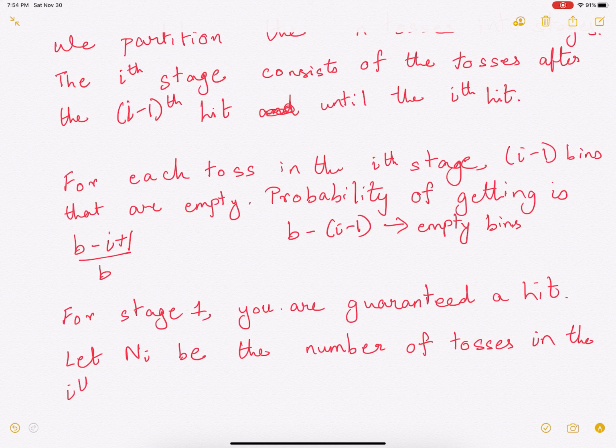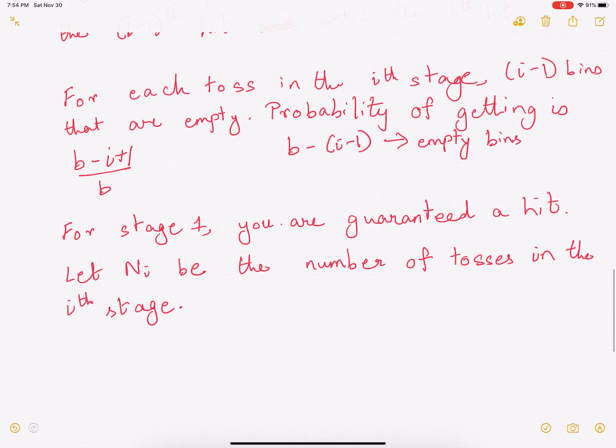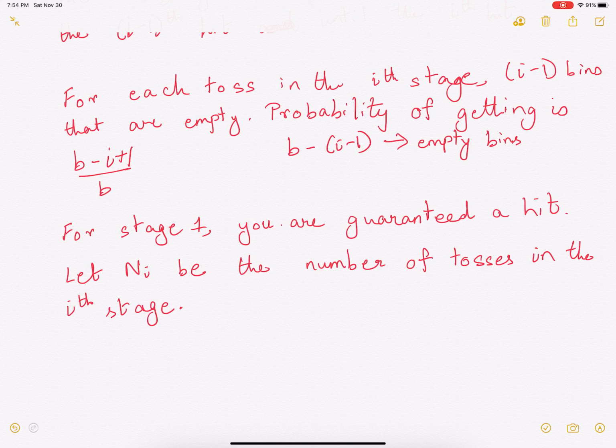Ni is a random variable because you don't know how many tosses are going to be needed. Its distribution is going to be geometric, because when you toss, the probability of getting a hit is (B minus i plus 1) by B. So each Ni follows a geometric distribution.